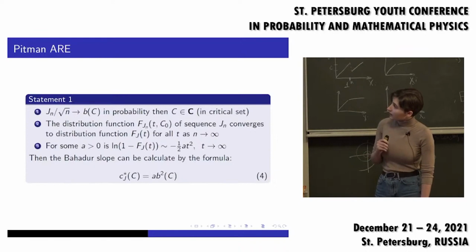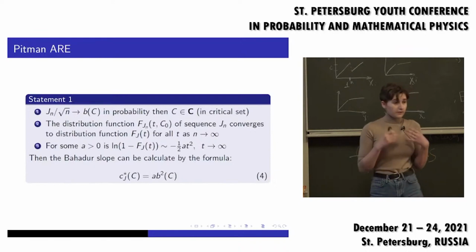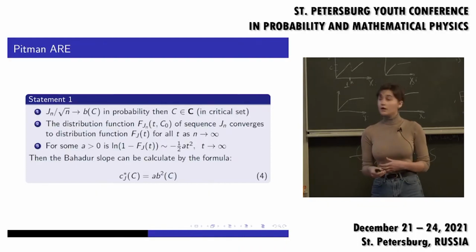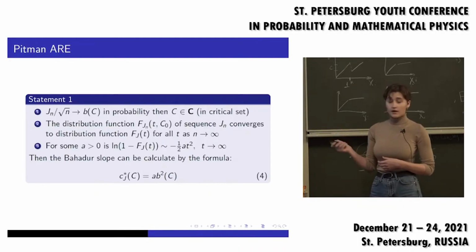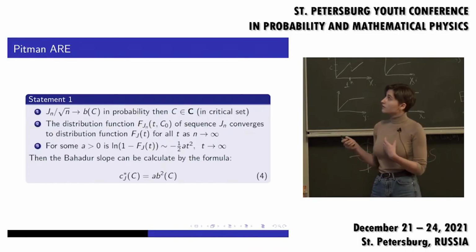Okay, and to calculate the Pitman asymptotic relative efficiency, we just need to calculate coefficients a and b of c for each test. And let's do this.